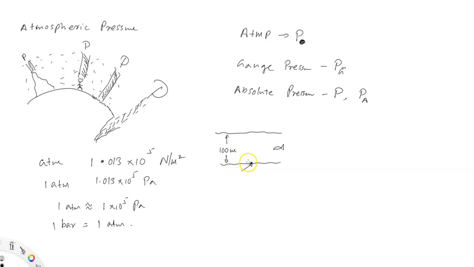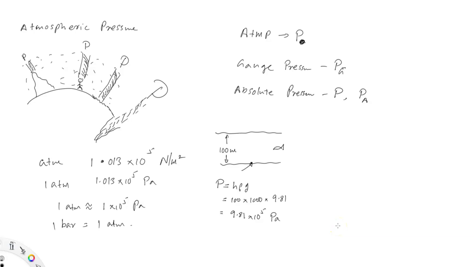So we can use the liquid pressure equation. Pressure equals H rho G: 100 times 1000, that's the density, times 9.81. So I have 9.81 times 10 to the 5 pascals, right?